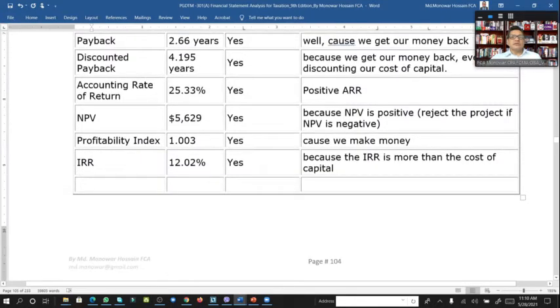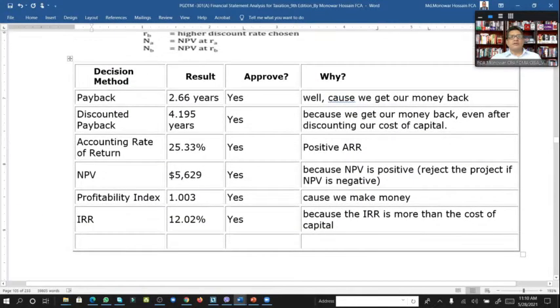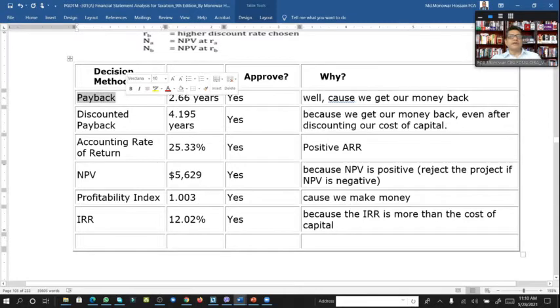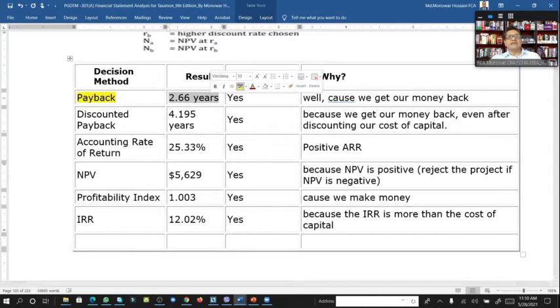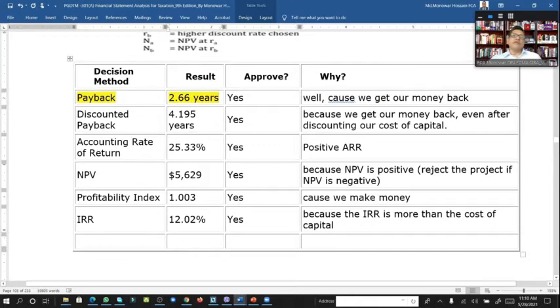If we see the decision of all the techniques, for payback we get a 2.66 year result. If you only consider the payback period, then you will approve it.